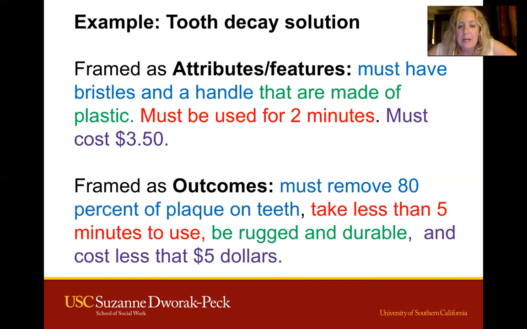The other way to describe it, again, is in the framework of outcomes. We want it to be rugged and durable. We want it to have the ability to last, not necessarily do we care about what it's made from. And we may care about cost. So we might say, well, the maximum upper threshold is about $5. Right, so that's a way to think about opening it up for innovation, and we'll work through a case in the next video so you'll get another example of what this looks like.